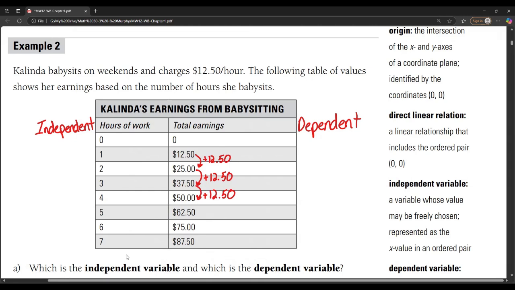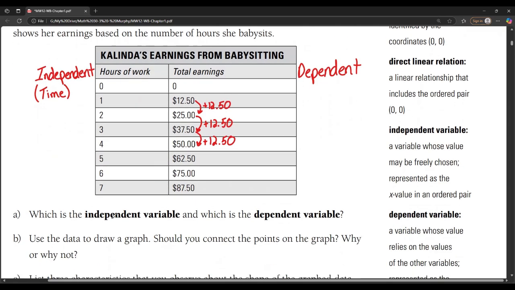It has no factor on your money or anything that you earn. And the way to think about dependent is that your total earnings depend on how many hours you work. And that's really the best way to think about it. Also, a little hint, independent is always time. If you ever see time as a variable, it's going to be an independent variable.